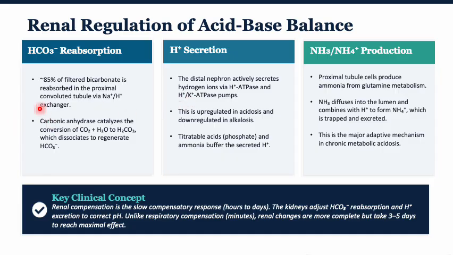And so just to break down what that diagram was attempting to show, the renal regulation of acid-base balance has 3 main components. You have the bicarbonate reabsorption. 85% of the filtered bicarbonate is reabsorbed in the proximal convoluted tubules via the sodium hydrogen exchanger.